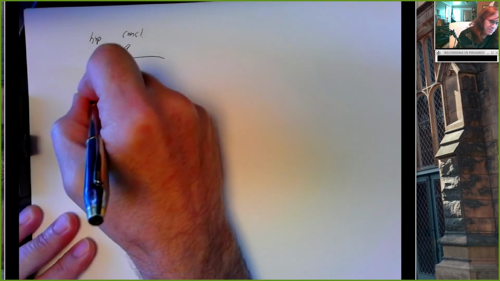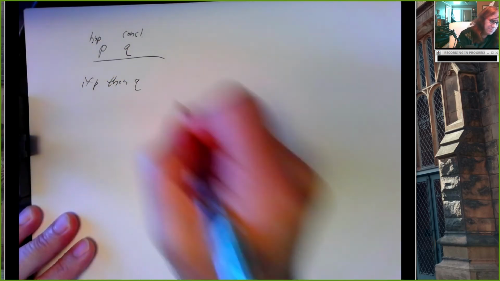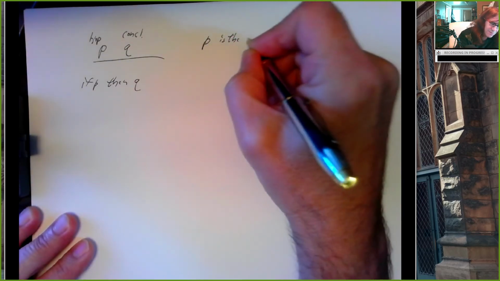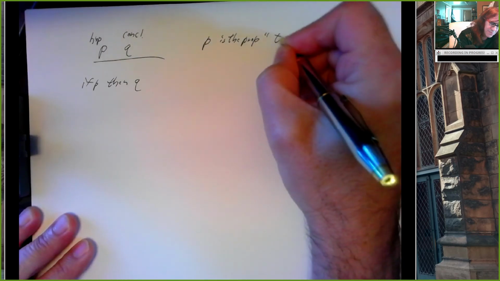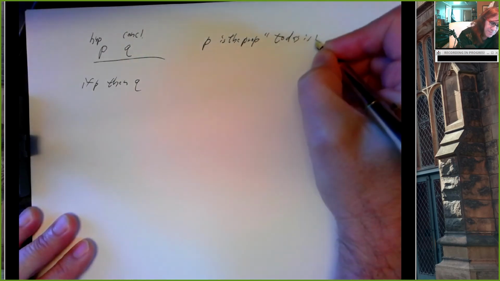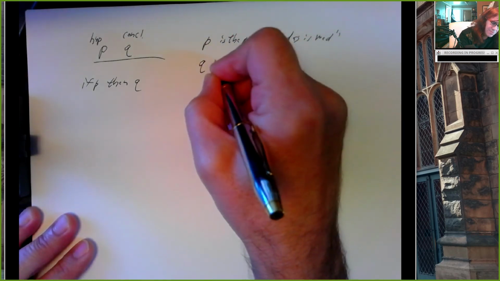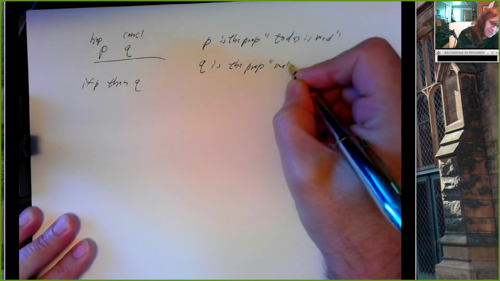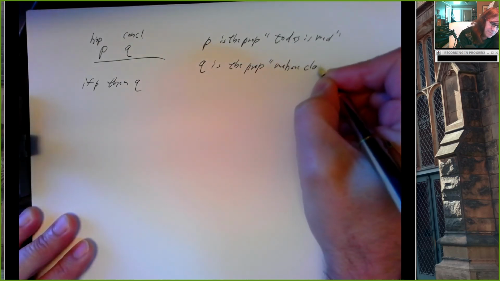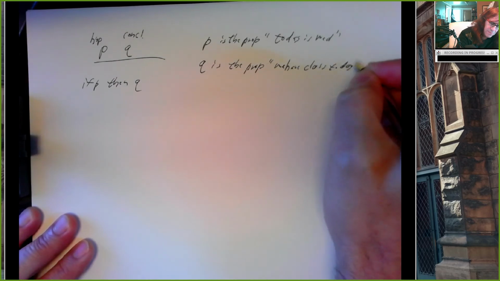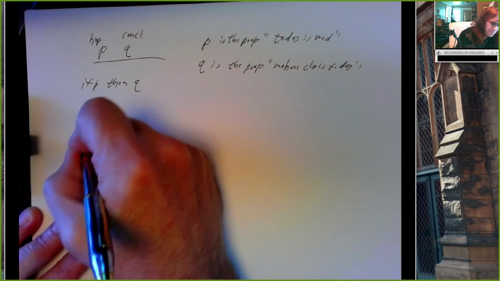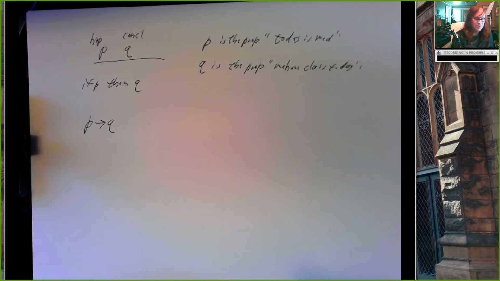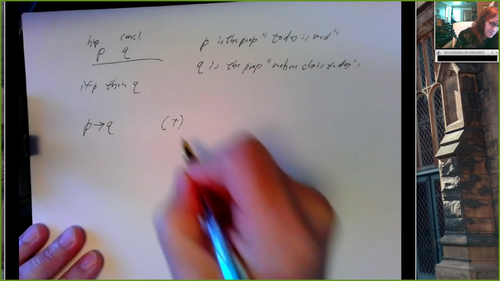So if P, then Q. And again, P is the proposition, today is Wednesday, and Q is the proposition, we have class today. So if P, then Q says if today is Wednesday, we have class today. And we've said that's a true statement.